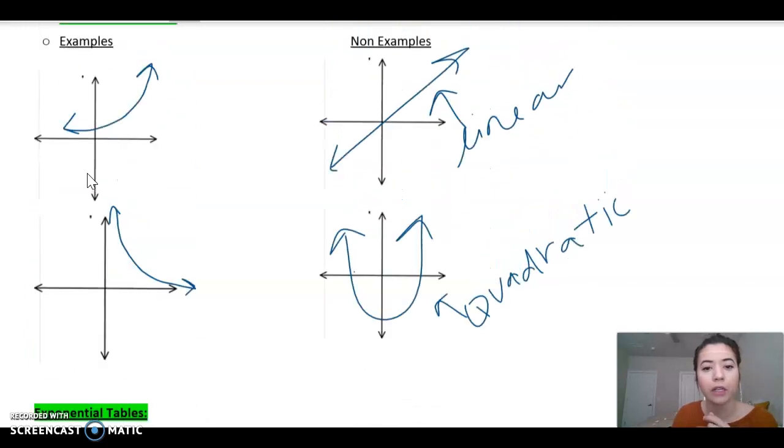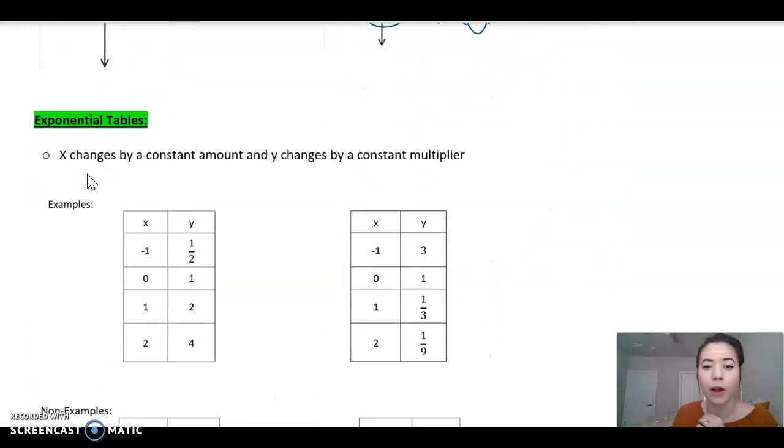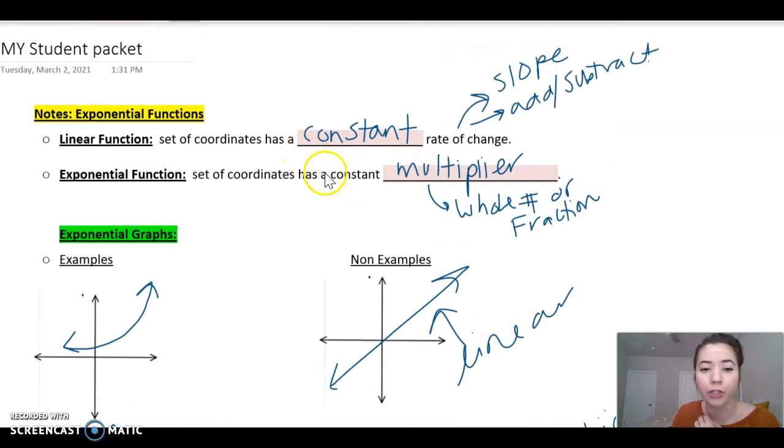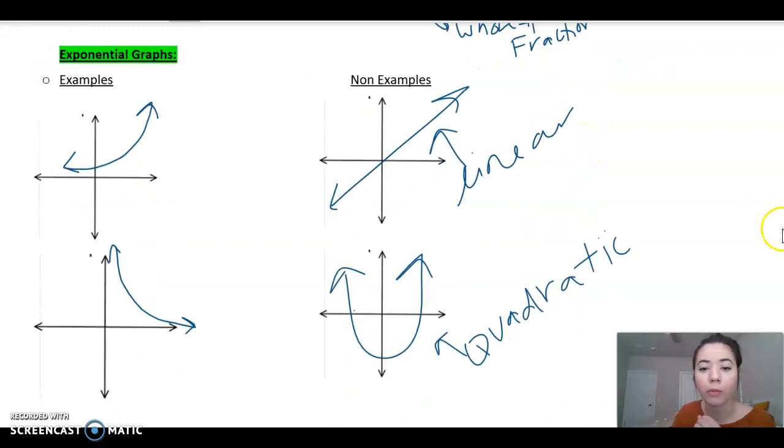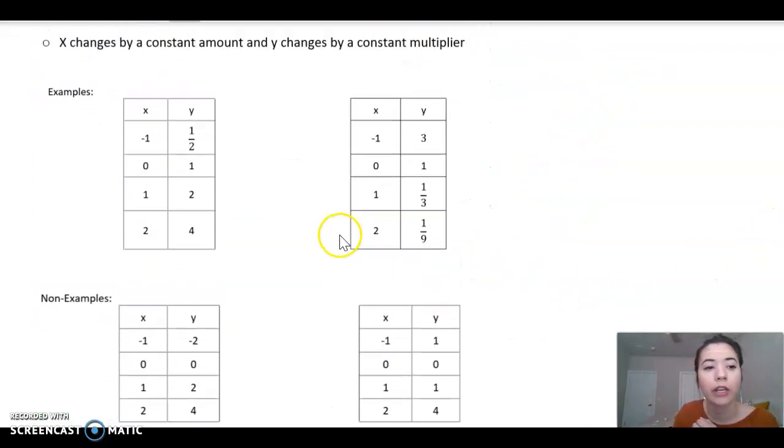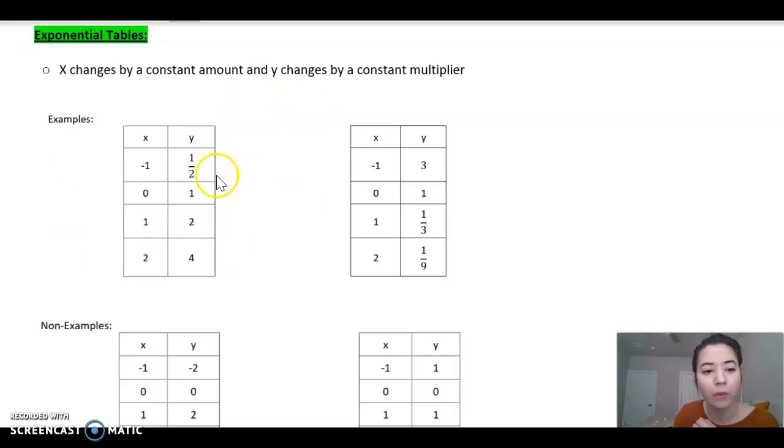Now, there's our graphs. Let's talk about how we can see it in our table. Well, remember, like I said, exponential functions have a constant multiplier, so a constant thing we're multiplying by. So if we look here at this table, we're going from 1/2 to 1, 1 to 2, 2 to 4.